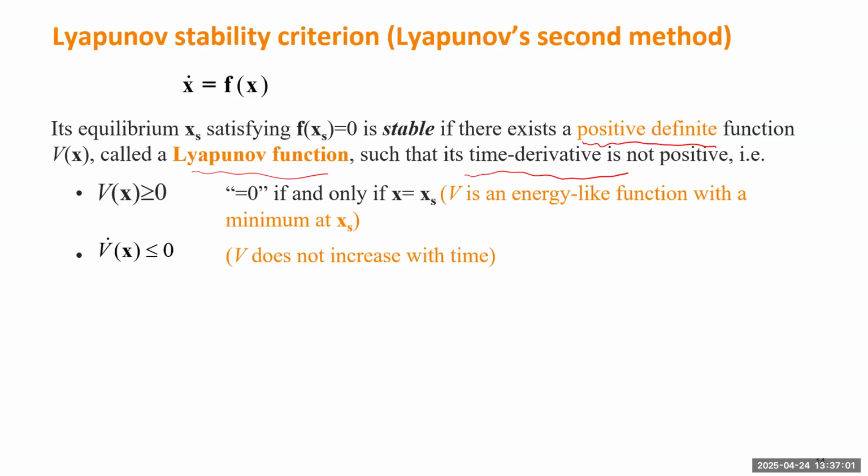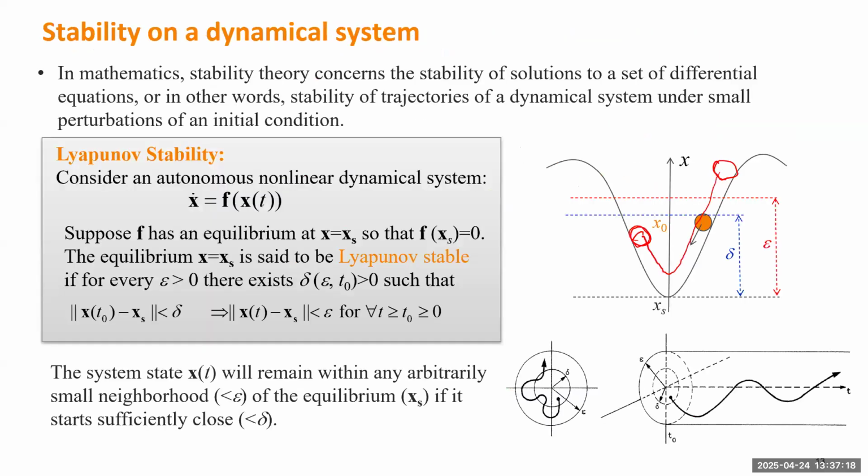To use mathematical expressions to represent those two conditions: a positive definite function can be positive or zero, but if it's zero, it has to be at the equilibrium point. If it's not at the equilibrium, it will be positive. Think about the analogy we use in this slide. If that energy represents the total energy of the ball, it only has zero energy at the bottom point.